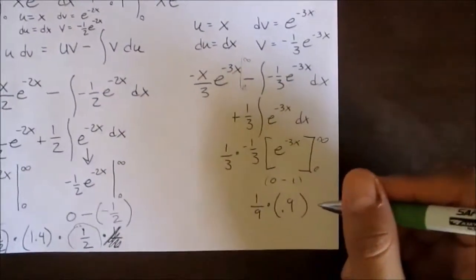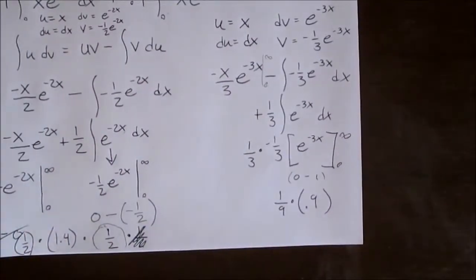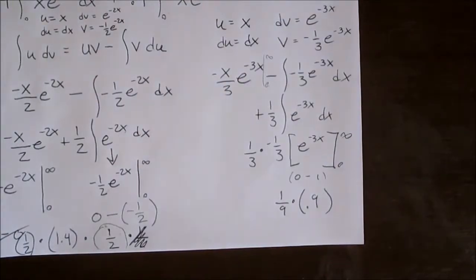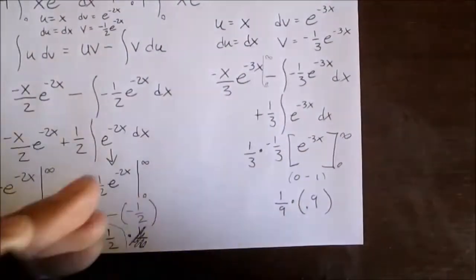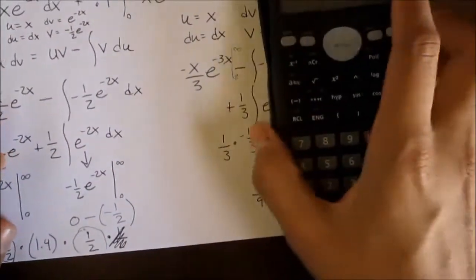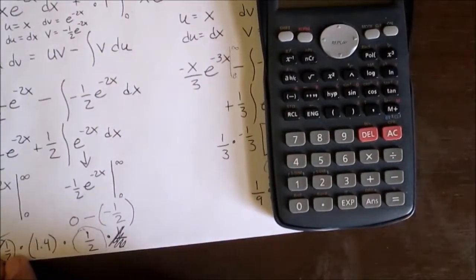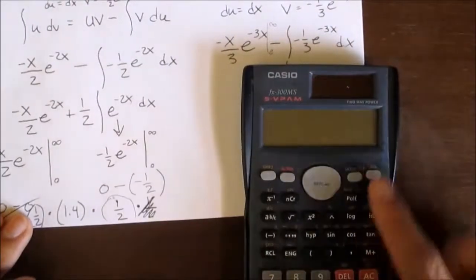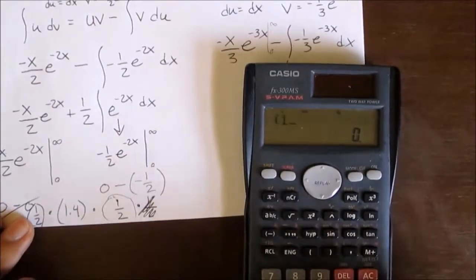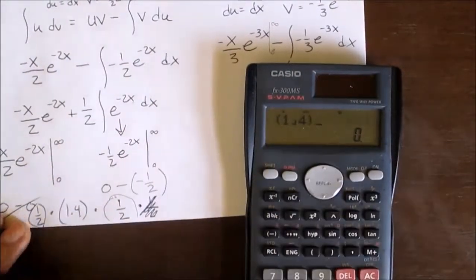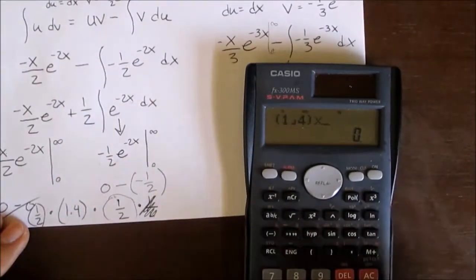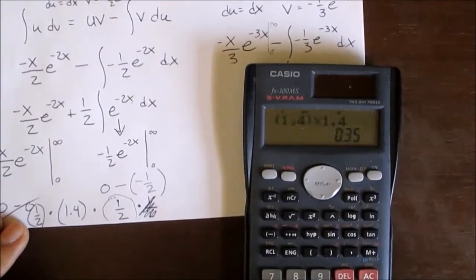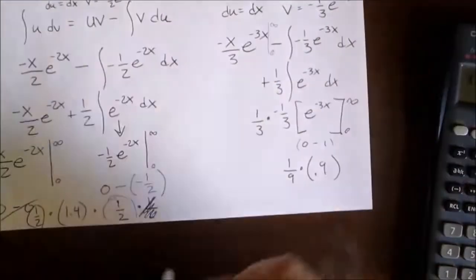Okay, and so now all you have to do is we're going to get our calculator out, okay? And we're going to say this was 1/2 times 1/2, which is 1/4. So we're going to do 1/4 times 1.4. And that gives us 0.35.